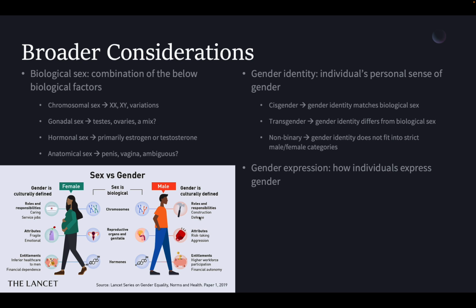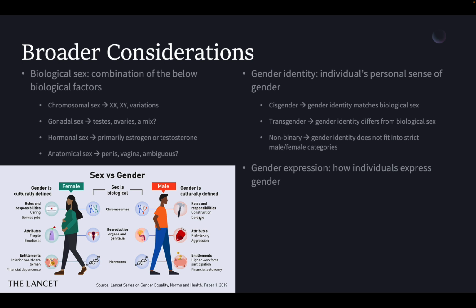And then we have anatomy. Is there a penis? Is there a vagina? Is it not actually clear? So even though people like to talk about sex as if it's this very easily defined thing, and to be fair, for the majority of people on the planet, sex is very easy to define.